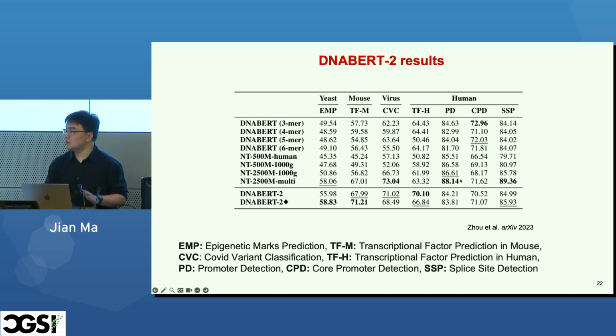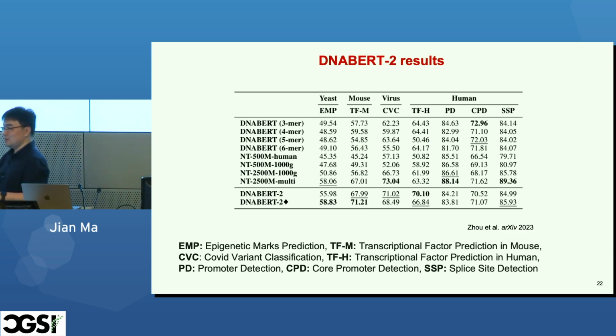I think this is still very much an unsolved problem: how you represent the DNA sequence in terms of tokenization in order to apply these transformer-based models. All right? So this is just a very brief look at genomic-level applications of these language models.